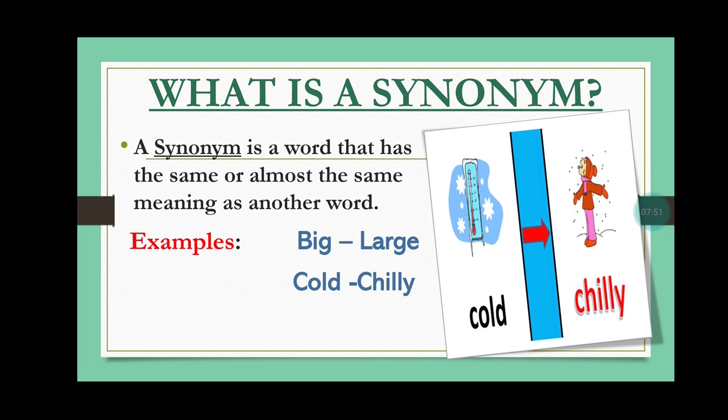So similarly, in synonyms, we use different words instead of using the same word. Like big, there is not only one word, there are many other words which we can use instead of big. Instead of cold, we can use many other words like frost, chilly.